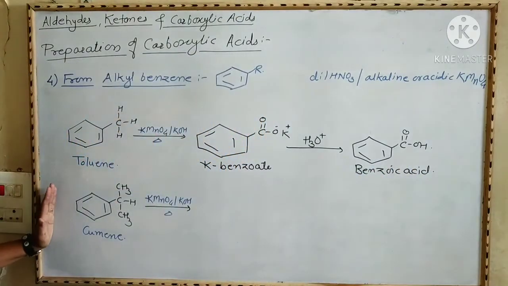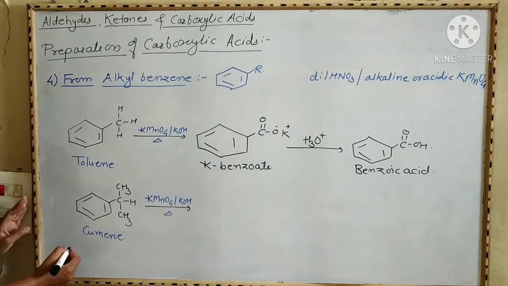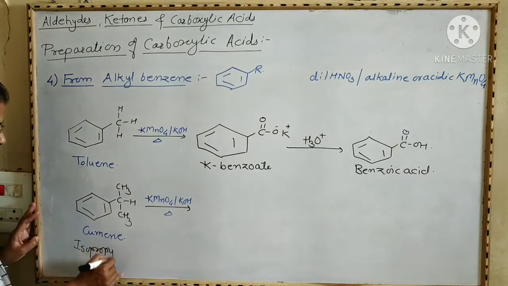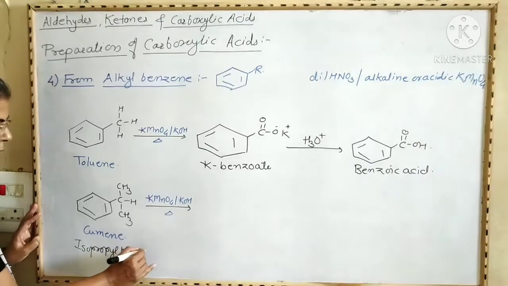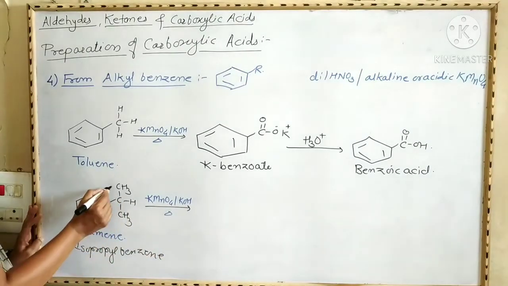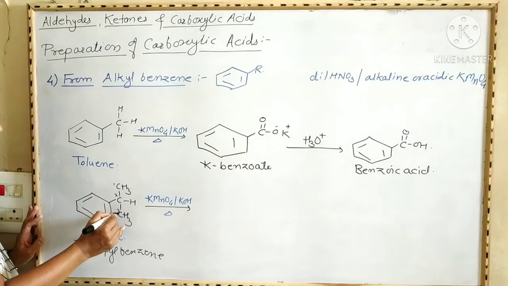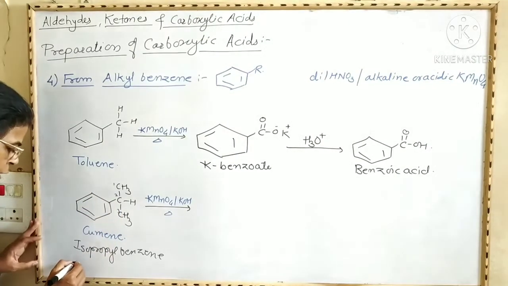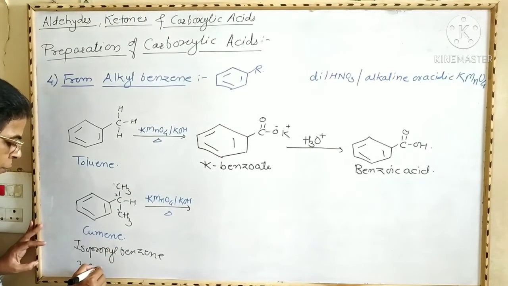Then second example, this is cumene, also named isopropyl benzene. We can also write the IUPAC name of this compound. Here there are three carbon atoms in a straight chain. At two position there is a phenyl group, therefore it is 2-phenyl propane.